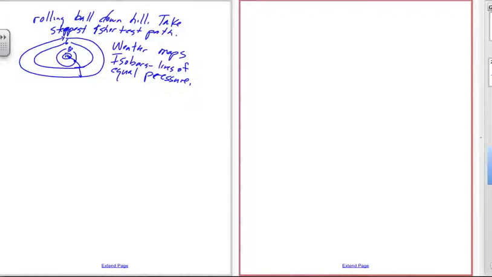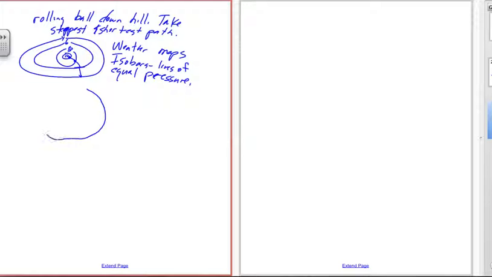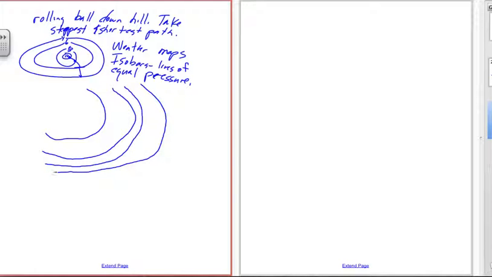So if you have an isobar, which looks like this, what we know is the closer the bars are together, the faster the wind speed is going to be. And this again are these orthogonal functions.